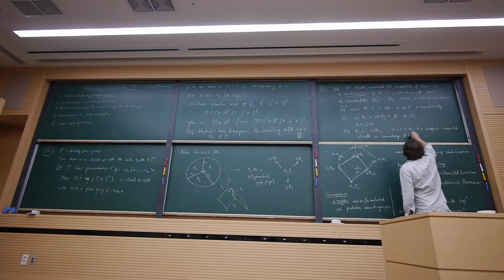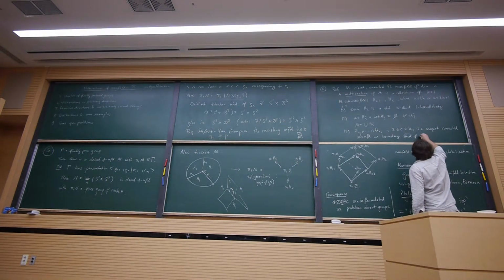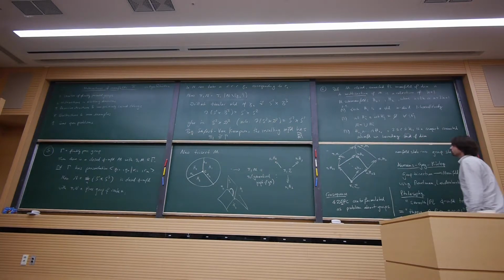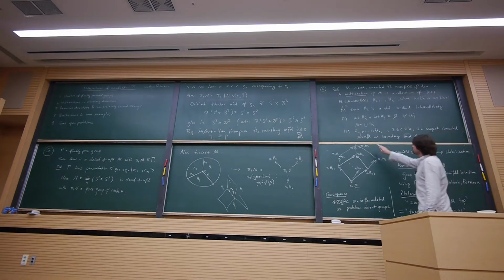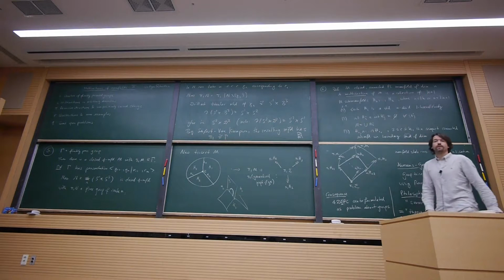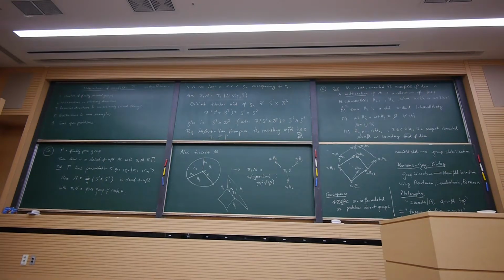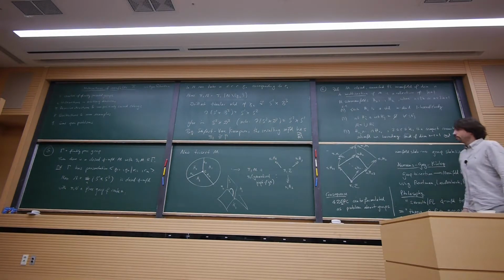And the dimension is of course determined by the intersection that I've taken. So the dimension will be n minus r plus 1.